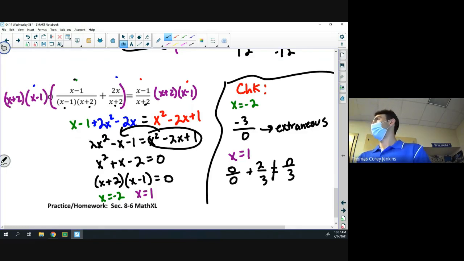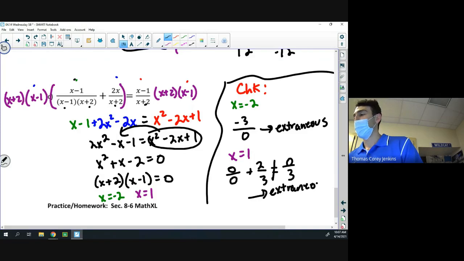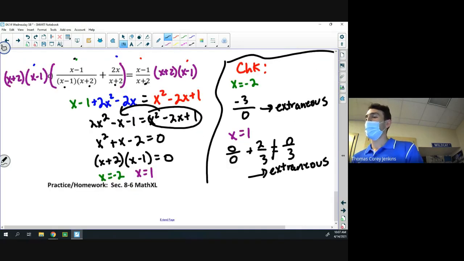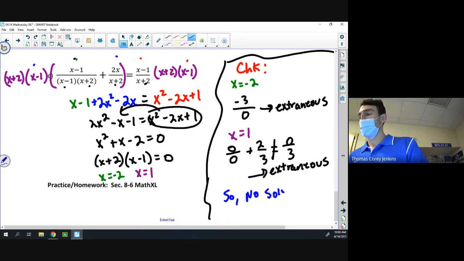That says 2/3 equals 0, so that's not true. So this is also extraneous. If both of our choices were extraneous, what do you think we'd say? No solution. Yeah, this one has no solution. So that can happen too.